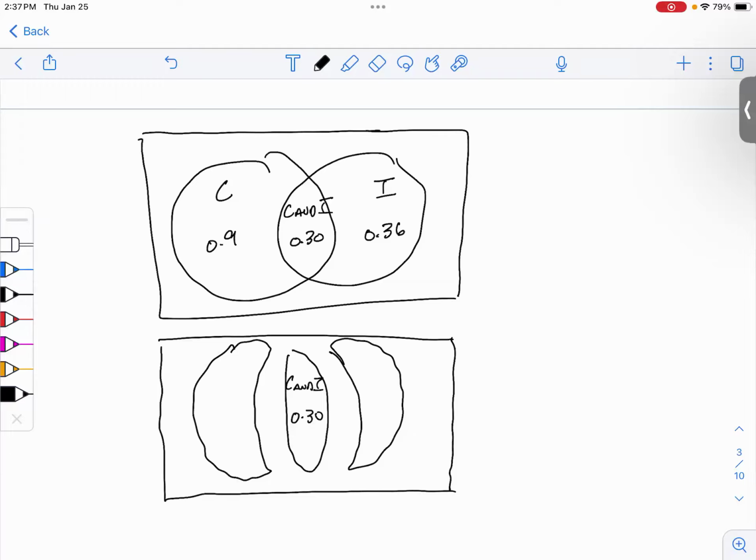So you can write this as only cell phone, just cell phone, or completely using notation, C and not I. I have a cell phone and no iPod. In order to do that calculation, what do you think we do? Subtract. Go ahead, Mateo. Subtract. Yeah, subtract. 90 minus 30.